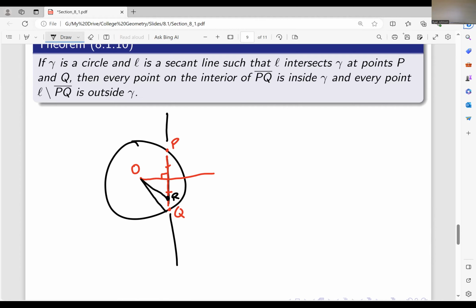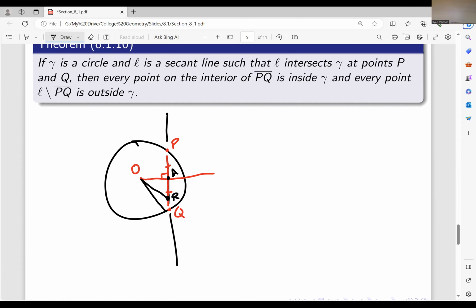And the reason is, if I form that little triangle there, then R is a part of PQ, and then whatever this point is, OPQ, let's just call it A. OAR is a triangle that has a right angle right here.